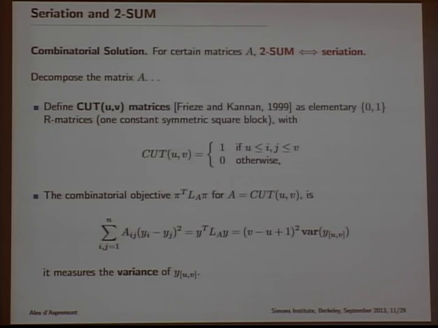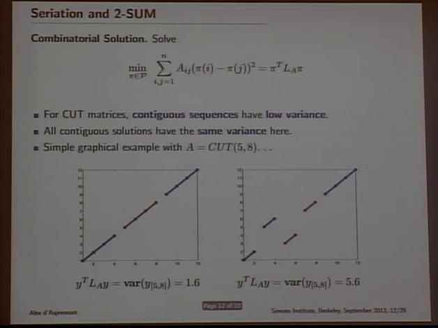And why is that exactly what you want? Well, if you look at solutions with minimum variance, here I'm minimizing the objective for a cut matrix with a constant block between variables 5 and 8. Okay, so it's this block here. Minimum variance solutions tend to have contiguous points inside. So all the indices are contiguous here.